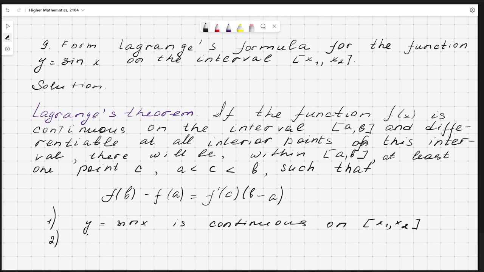Then the second, our function must be differentiable at all interior points of this interval. It is true. The function y is sine of x is differentiable at each point of this interval.